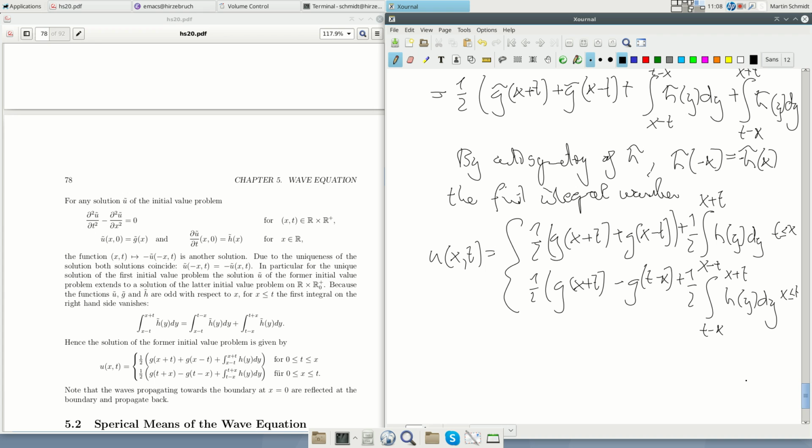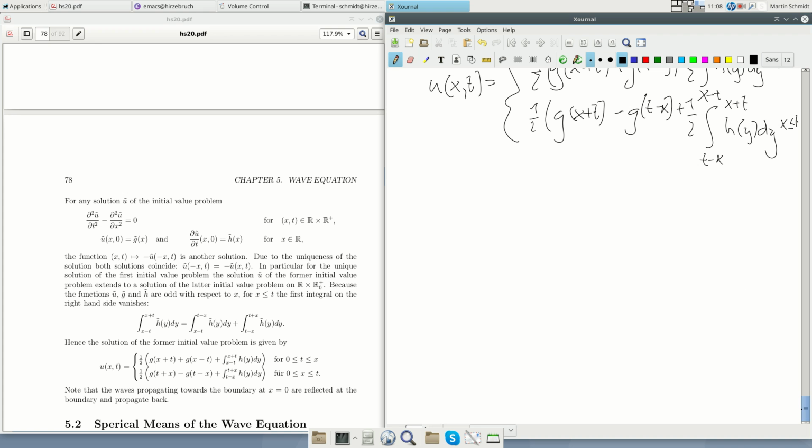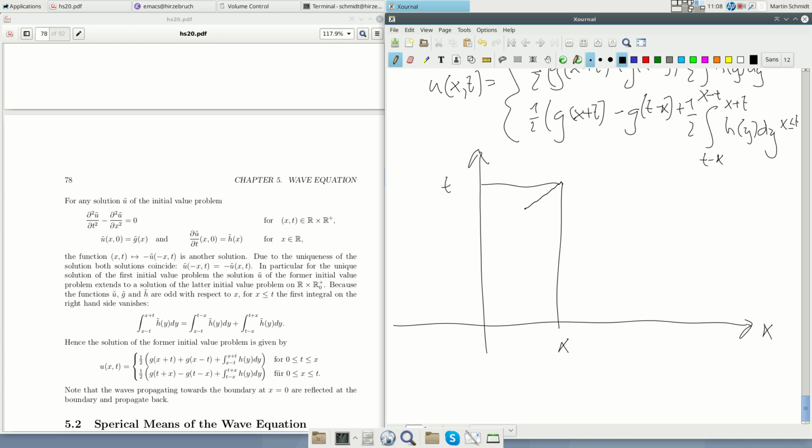Okay, yeah, so also maybe I draw here the picture to explain this reflection. Here we have x, and here we have t. Then we see this goes here, and this should correspond to velocity 1, and then it's reflected. Then it goes here.